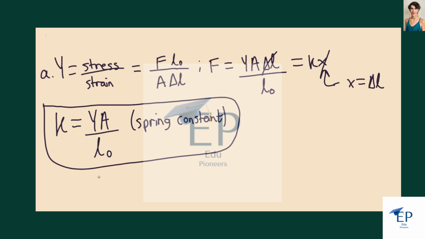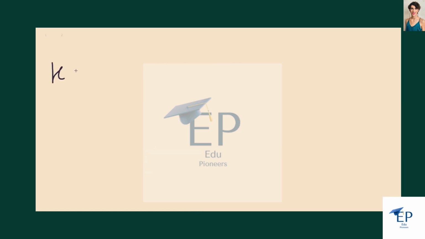And then for part B, we want to find the spring constant, so we need to solve for the area. So we can say that the spring constant is equal to the Young's modulus times the area divided by the original length.